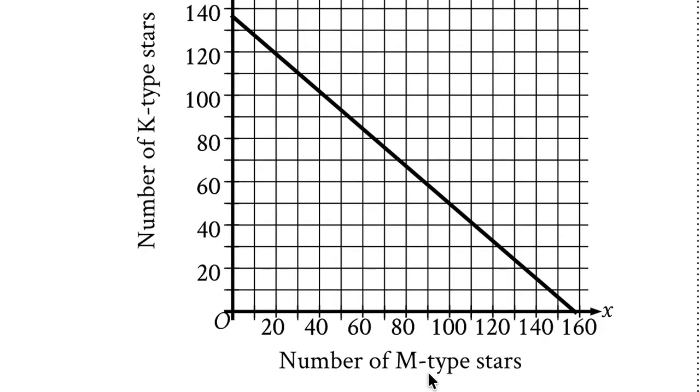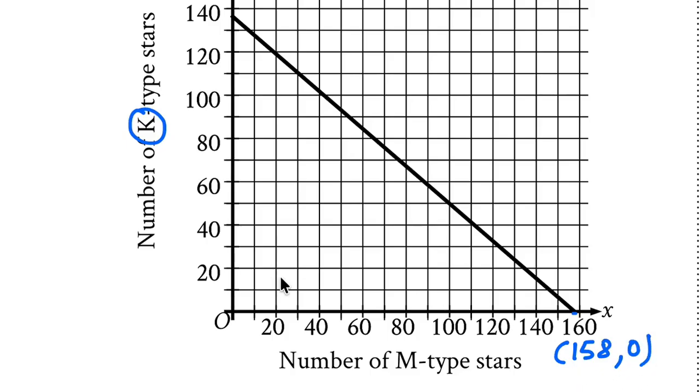But what is asked? M-type stars. There is no question about K-type stars, right? It is about the number of M-type stars. So why not take this point where the number of K stars is 0? If I find the coordinates of this, it is approximately 158 and 0.